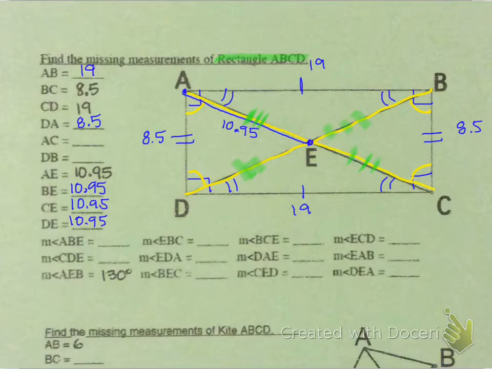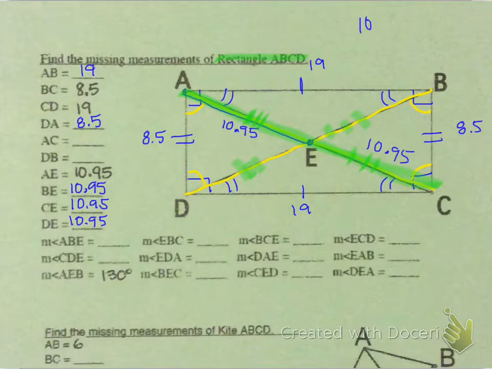Now, last it wants to know the segment length AC. Well, AC is this whole entire diagonal. We know half of it is 10.95 and the other half of it is 10.95.